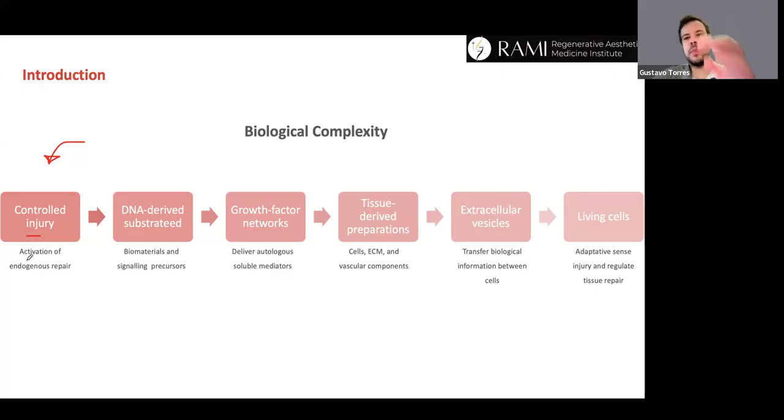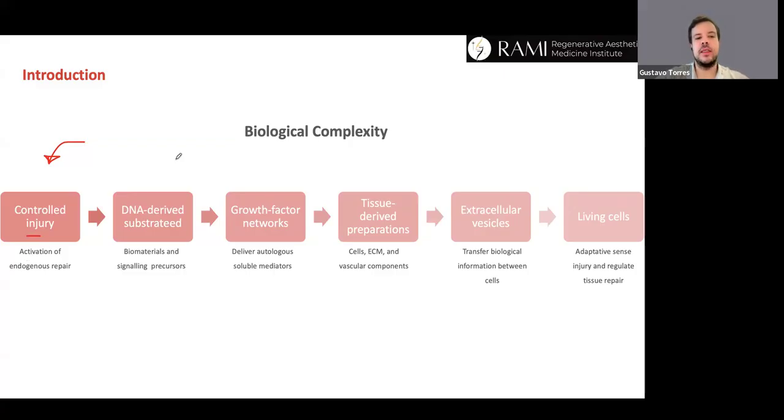But as we climb up the biological complexity of the therapies employed, we obviously are adding more mechanisms and more specific mechanisms to the therapy per se. So we start less biologically complex with the controlled injuries. It's a very clear, very direct way of acting, and we know for sure that it's going to activate some degree of endogenous repair.